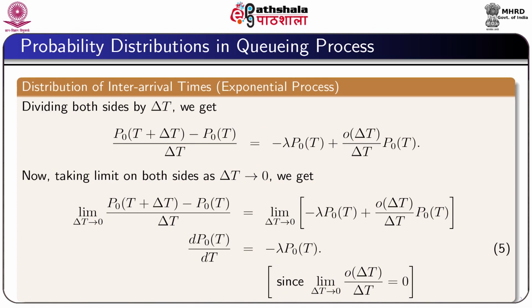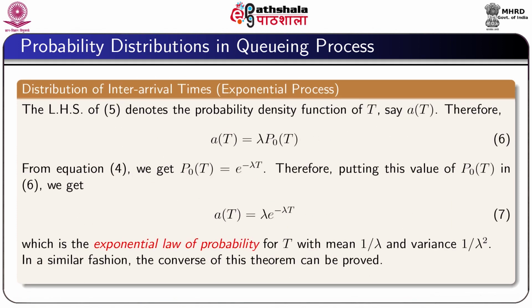Rearranging and dividing by delta t, as delta t tends to 0, we get dP0(t)/dt equal to minus lambda P0(t). The left hand side of 5 denotes the probability density function of t, say A(t). Therefore, we can write A(t) equal to lambda P0(t).